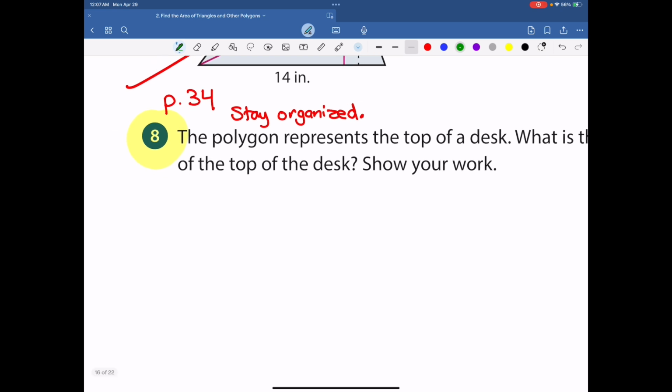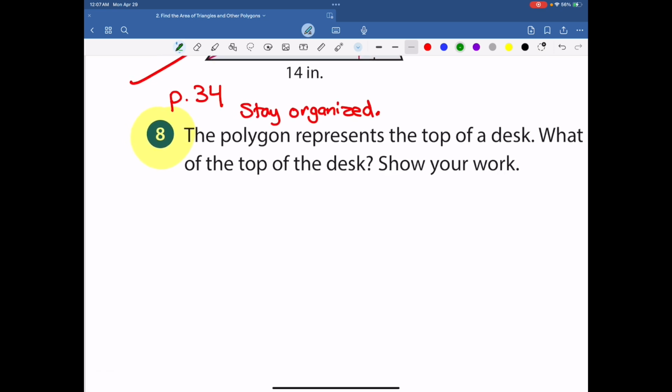In our workspace here, again, do not write too big or you will run out of space for this problem.